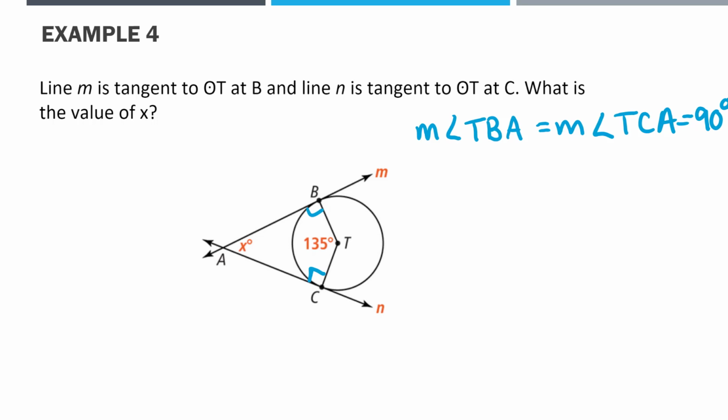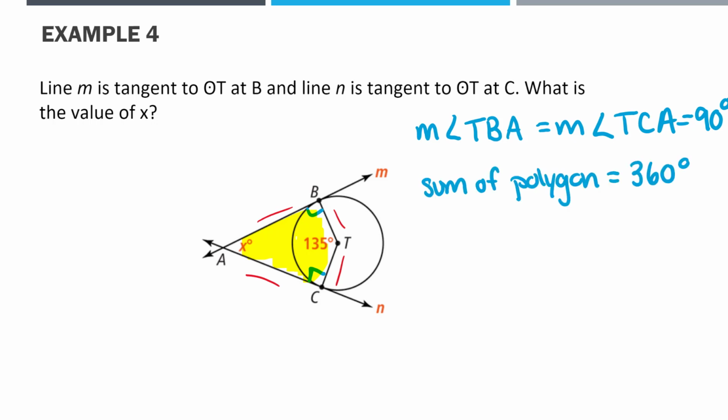If we want to find x, we're going to look at the inside of this as a polygon with 4 different sides. So we have 1, 2, 3, 4. The sum of the angles of a polygon with 4 different sides is 360 degrees.